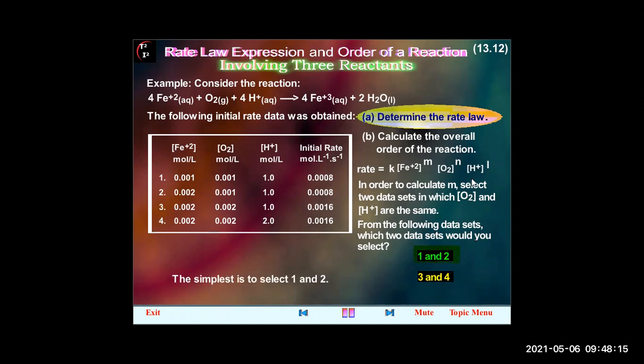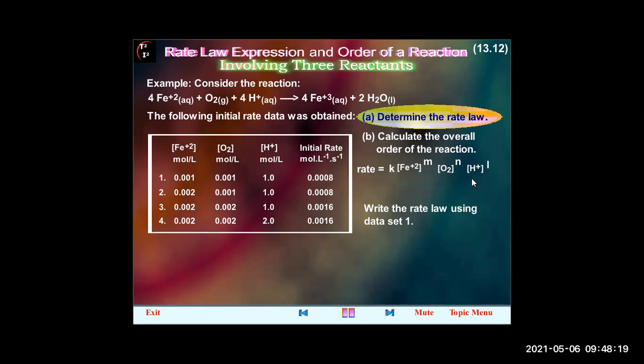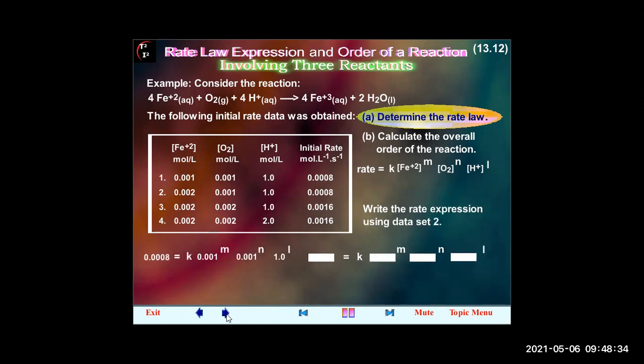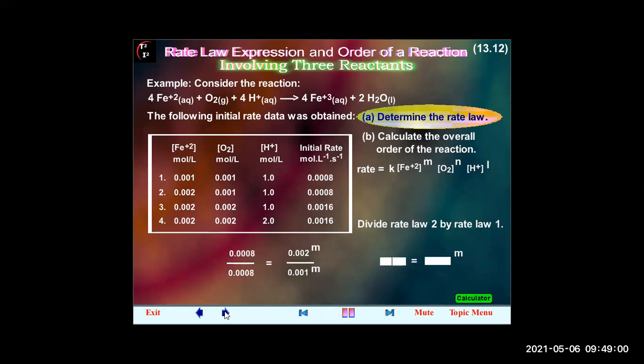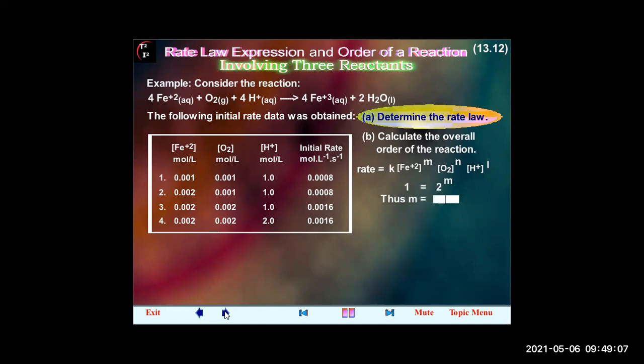The simplest is to select 1 and 2. Write the rate law using data set 1. Thus, M is equal to.